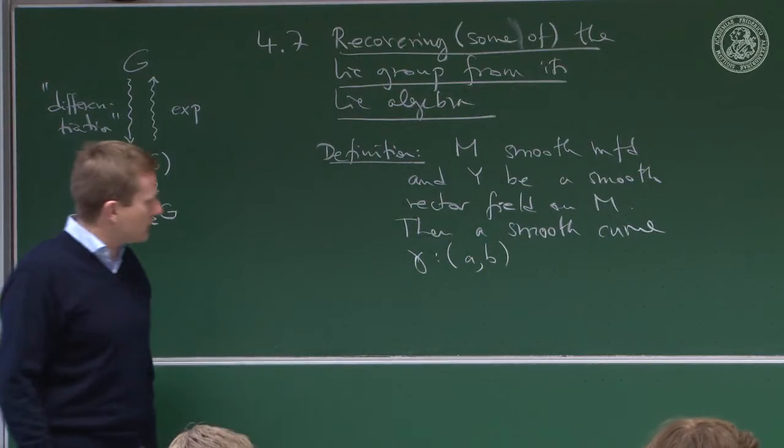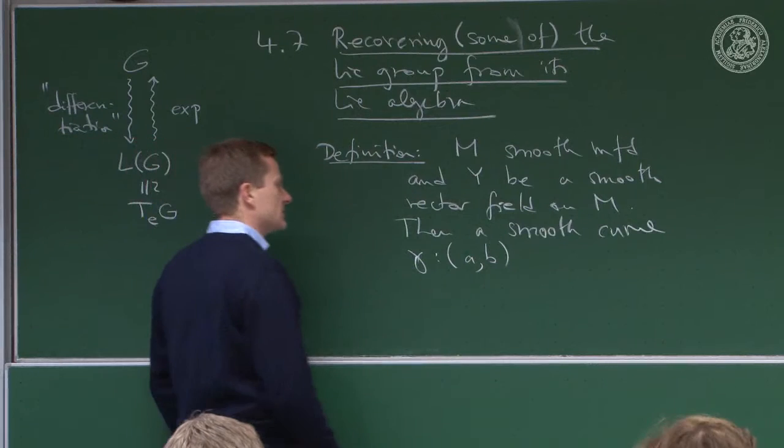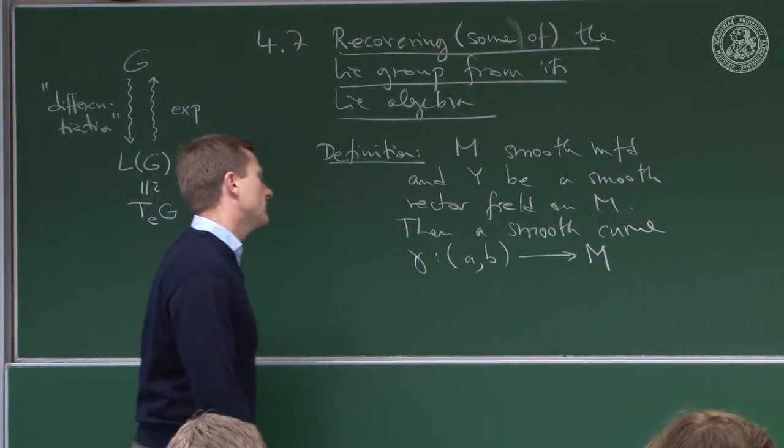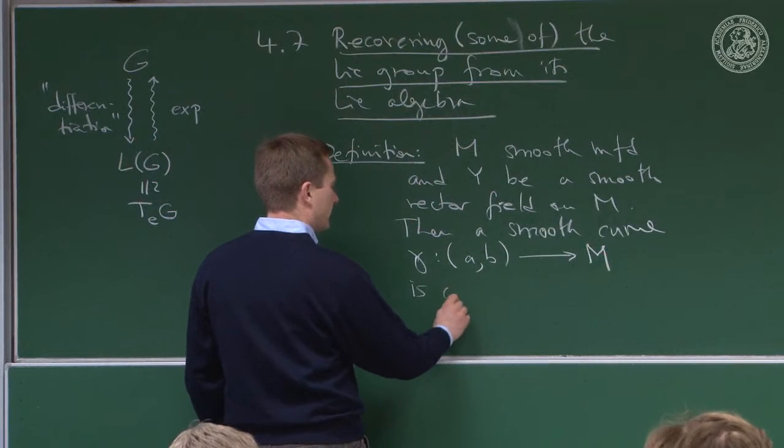Let's say with a parameter range from some real number A to some real number B into the smooth manifold is called an integral curve.